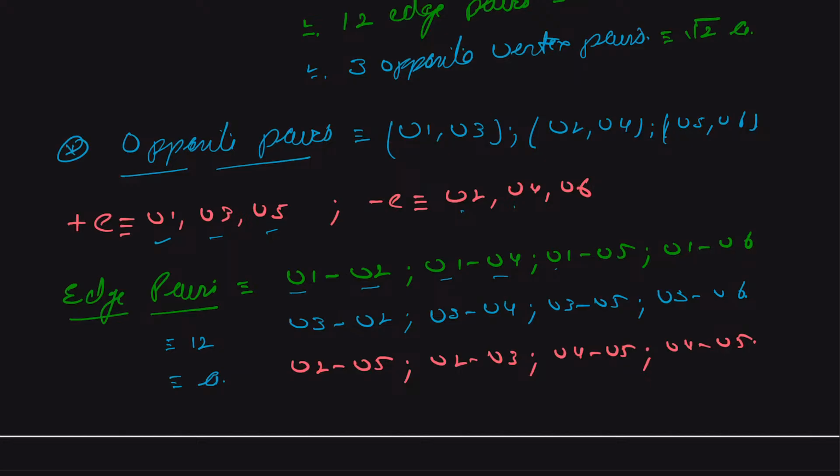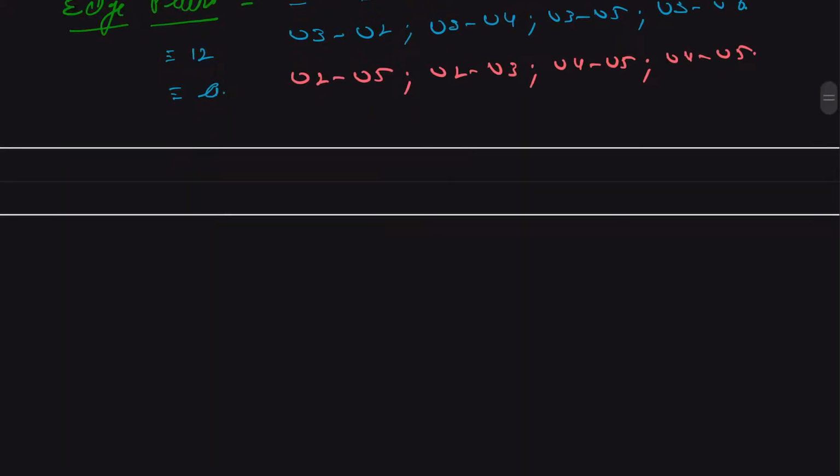So we have V1, V3 having the same charge. V2, V4 are having the same charge, and yeah, that's good now.